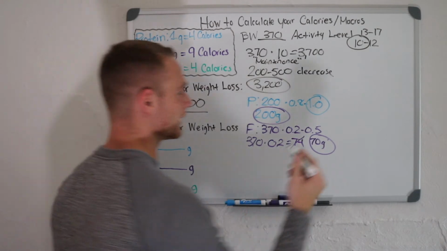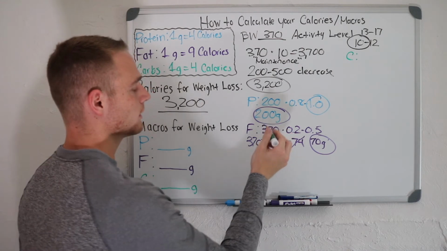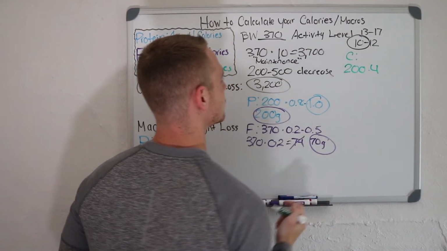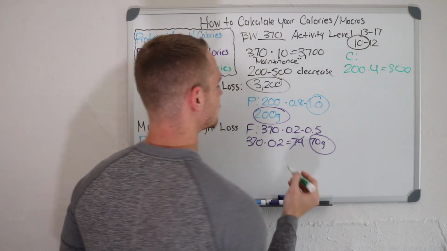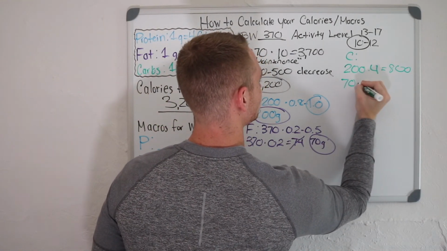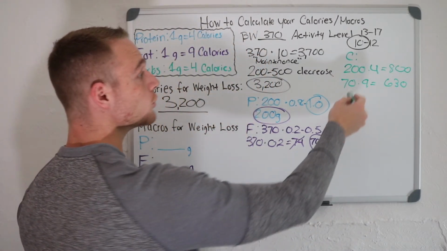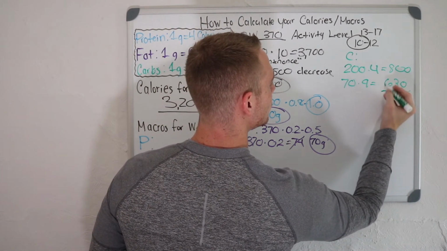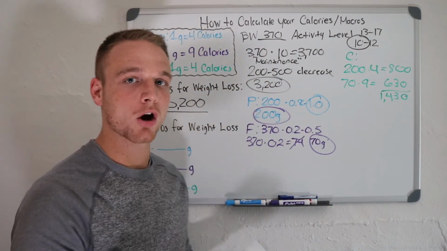So you take 200 grams, or 200 times 4, which is 800, and then you take 70 times 9. Then add those two numbers up. That's how many calories you're getting from protein and fat.